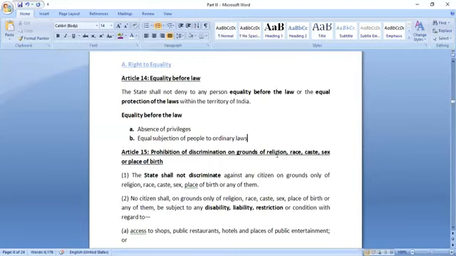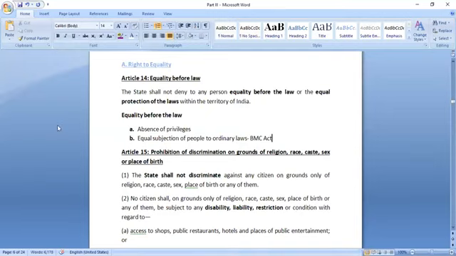If there is any state law, for example, the Bombay Municipal Corporation Act, the BMC Act, this act would be applicable only to people within Bombay, right? So if there is any particular ordinary law, there should be equal subjection of all the people. All the people residing within Bombay would come under the jurisdiction of this particular act.